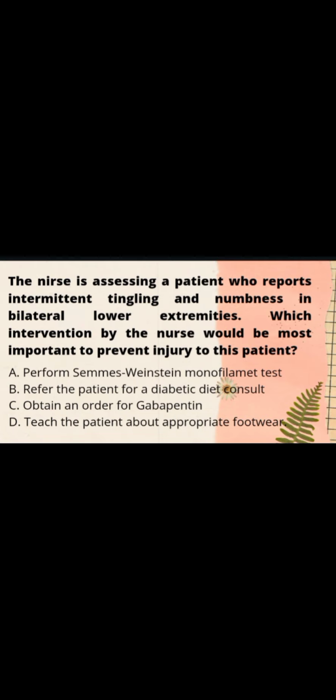Which intervention by the nurse will be most important to prevent injury to this patient? A. Perform Semmes-Weinstein monofilament test. B. Refer the patient for a diabetic diet consult. C. Obtain an order for gabapentin. Or letter D. Teach the patient about appropriate footwear.